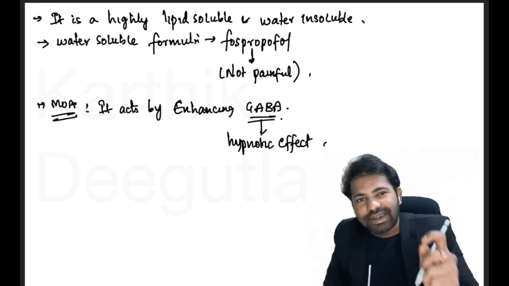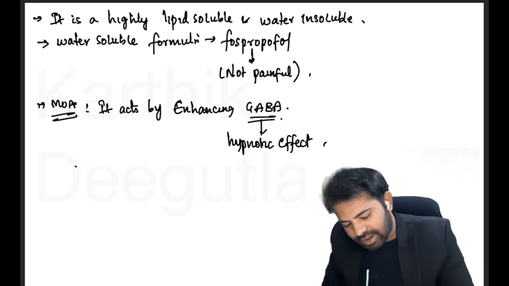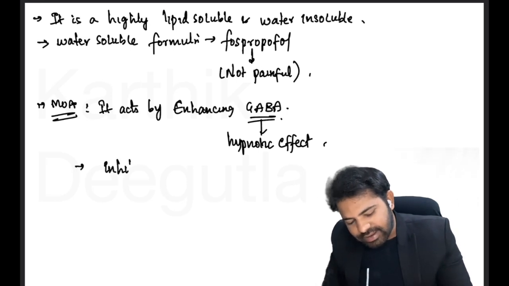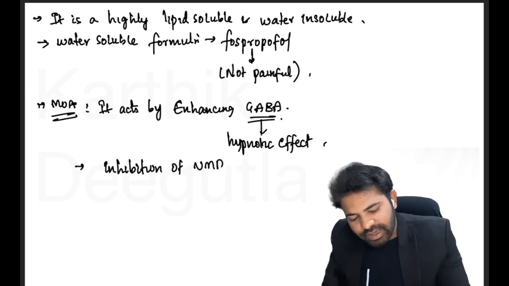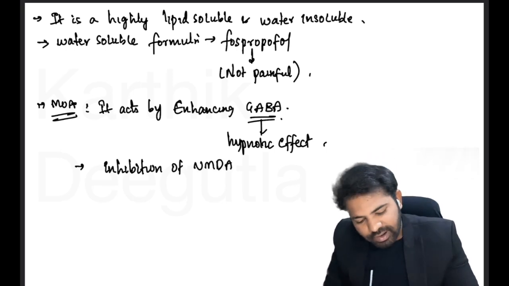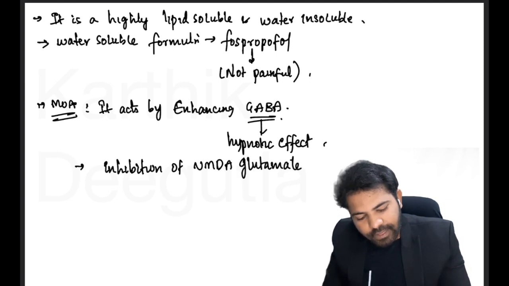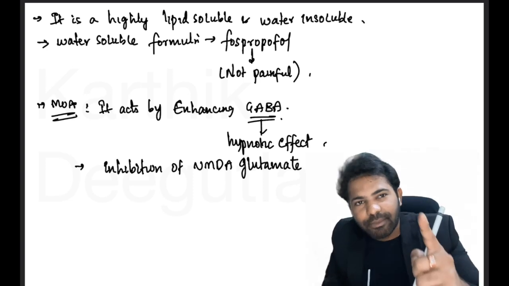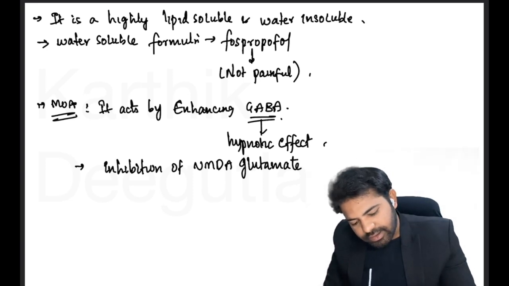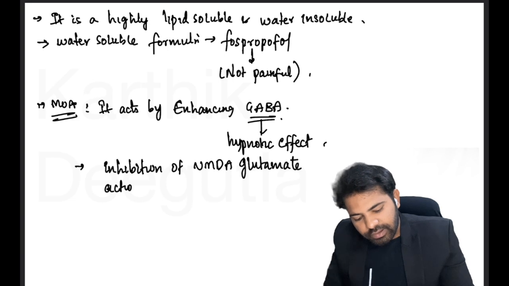But there is also a line given in Miller's saying that there is an inhibition of NMDA glutamate receptors also by propofol. But the main action is always GABA mimetic. Action of propofol.